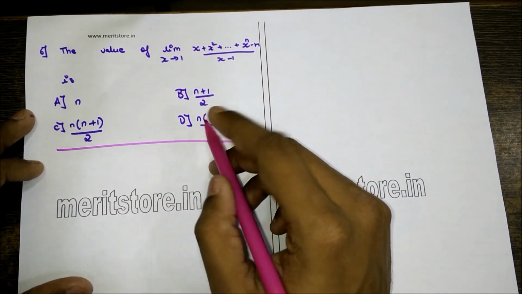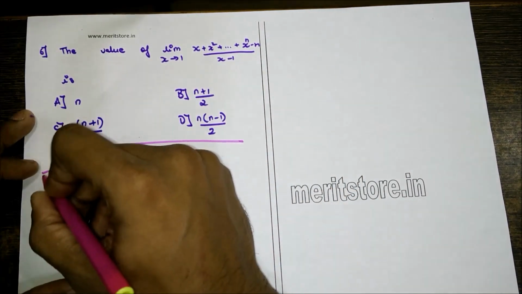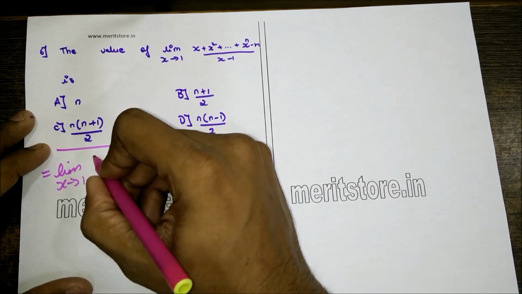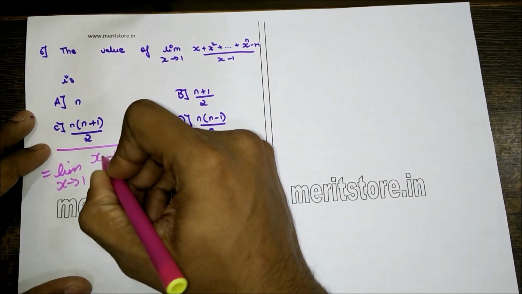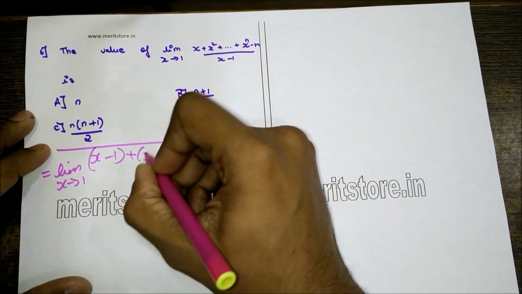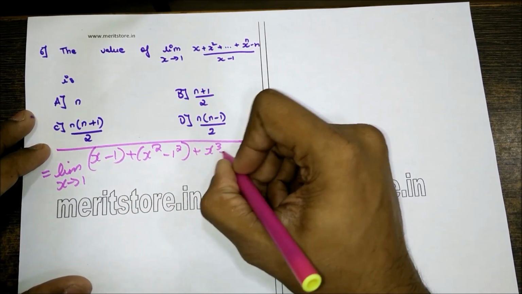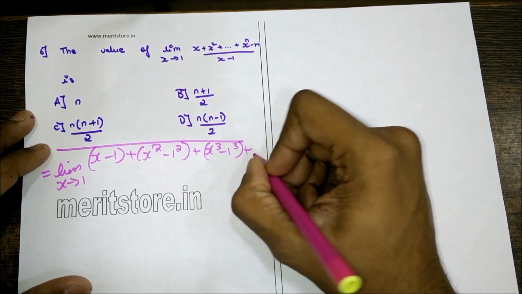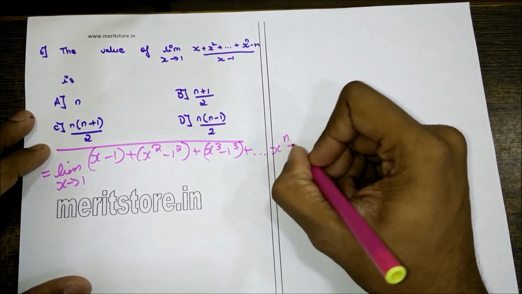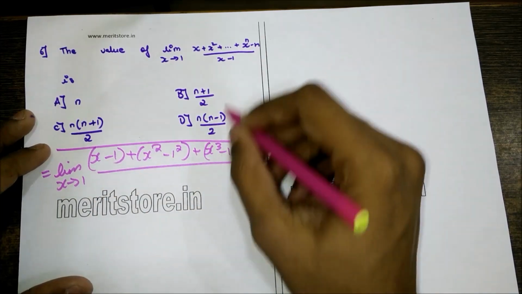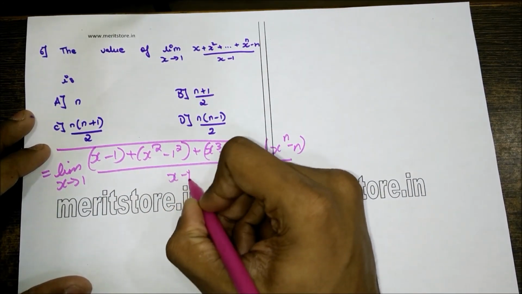So first we could write this in the form, the numerator can be written as (x minus 1) plus (x square minus 1 square) plus (x cube minus 1 cube) and so on till (x raised to n minus n), upon, as given here, x minus 1.